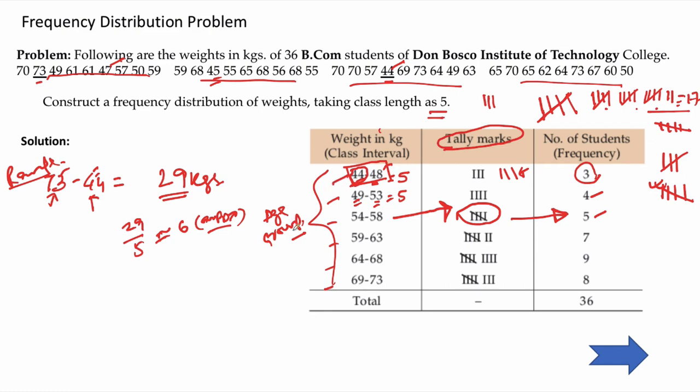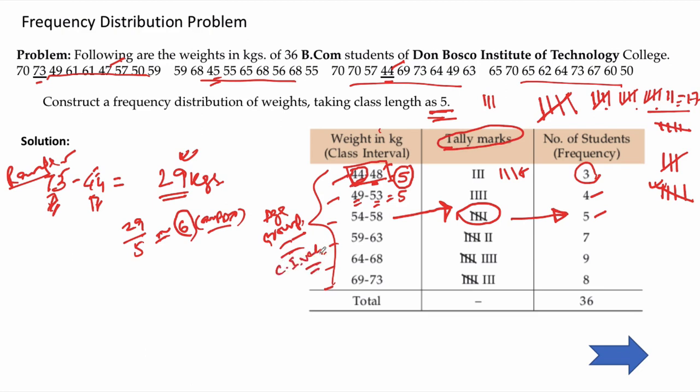So we have divided this age group into equal class lengths of 5. How did we do it? Maximum weight minus minimum weight, so total 29 is the range, and 29 divided by 5, since it is told that the class length will be 5, gives 6. So we have 6 age groups or 6 class intervals.